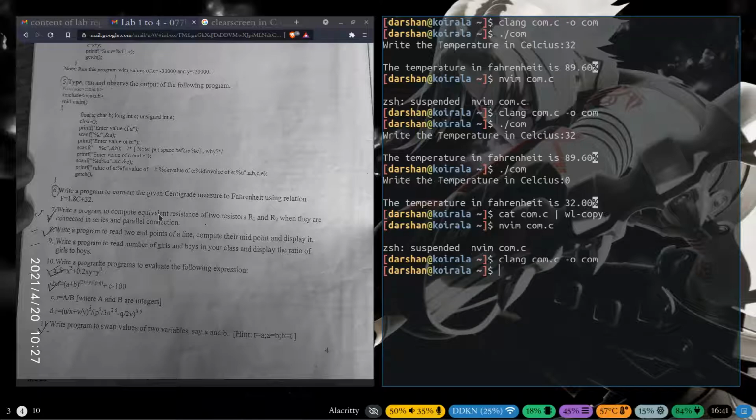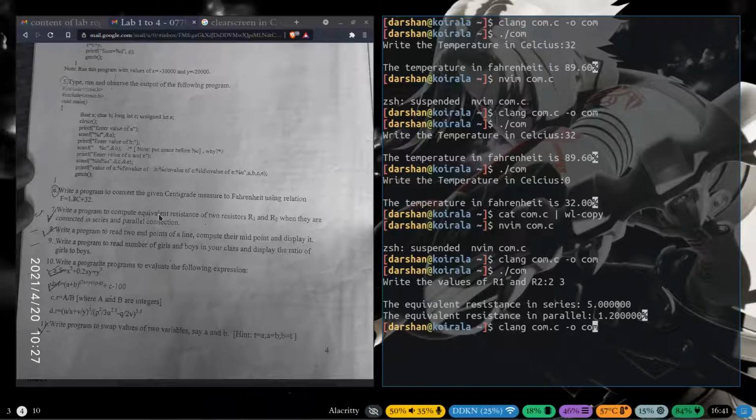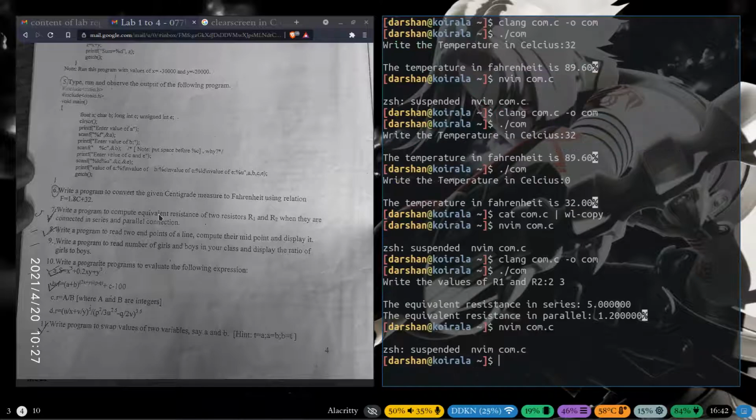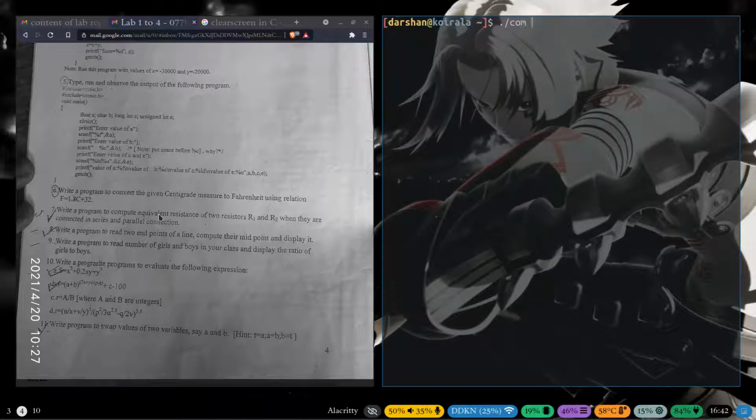Plan from 2 and 3, 5. I think I have to do F%. The equivalent resistance in series.